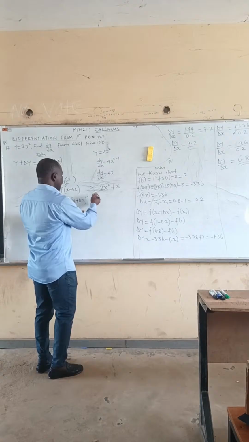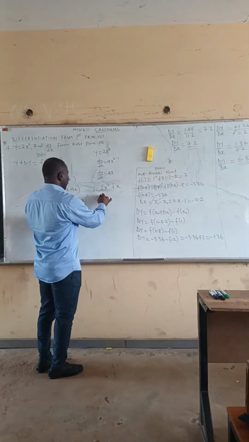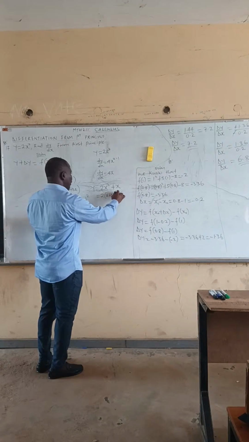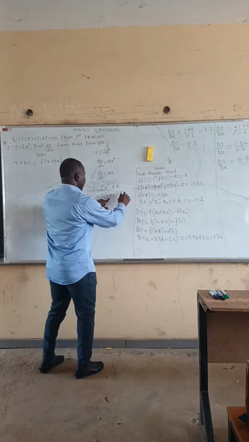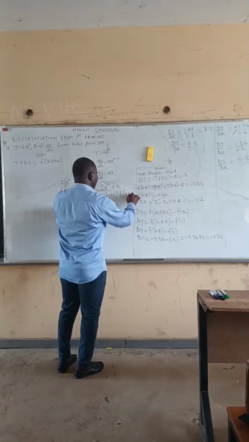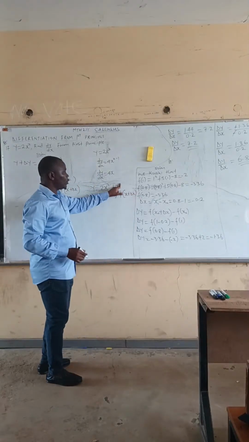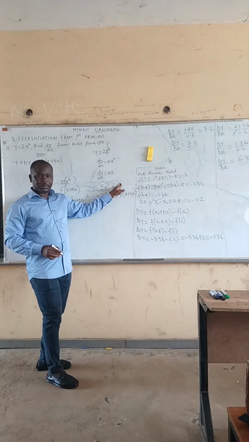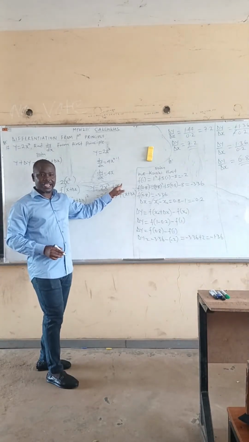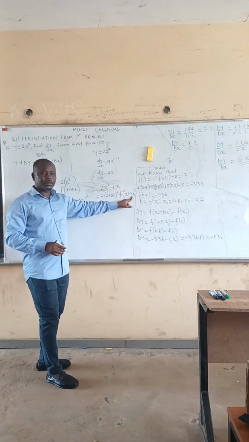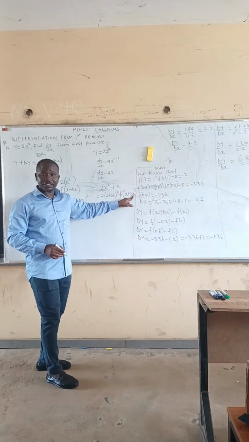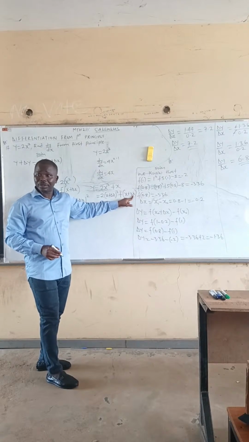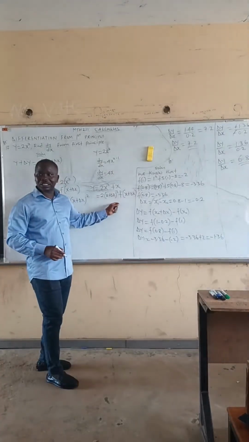So it will now look like 2 open bracket x plus dx all in square plus open bracket x plus what? dx. Because nothing is here, instead of x, we replace it with x plus dx, not dx. Is that clear?